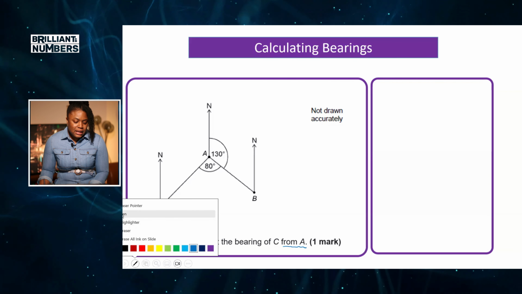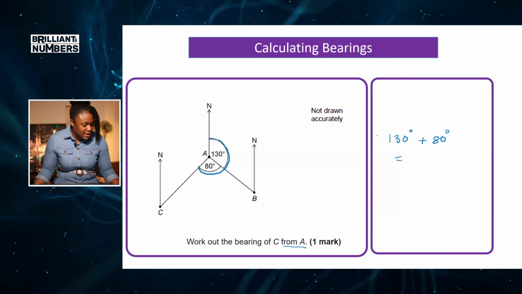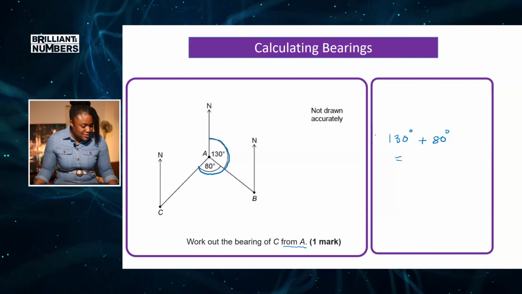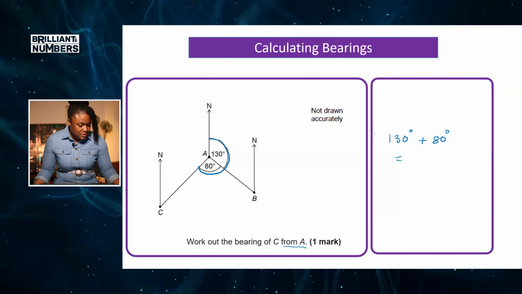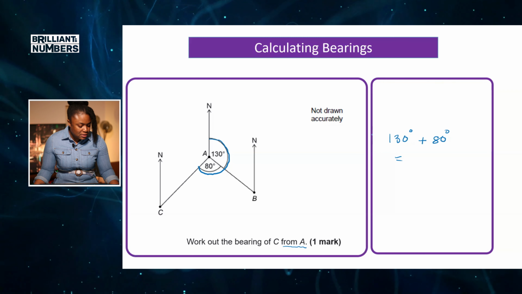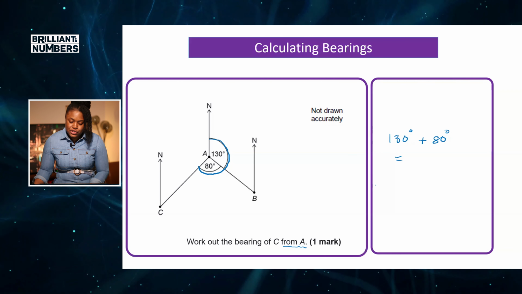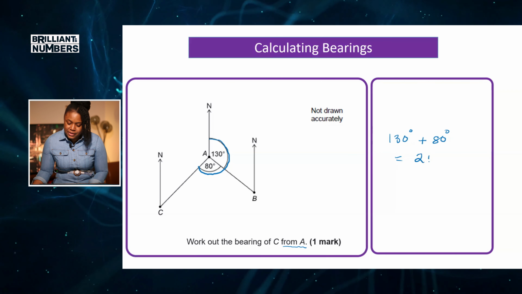So for the answer, it will be 130 degrees add 80 degrees. Let's put that in our calculator. Sorry, it was 130 plus 80. Okay, and that is 210 degrees. 3 figures, nothing left to do.